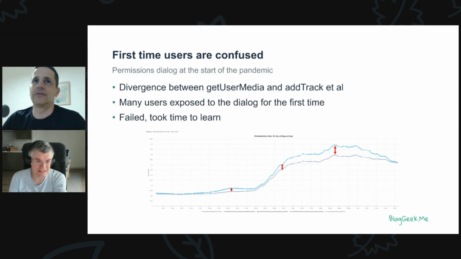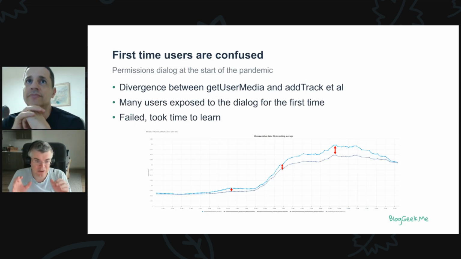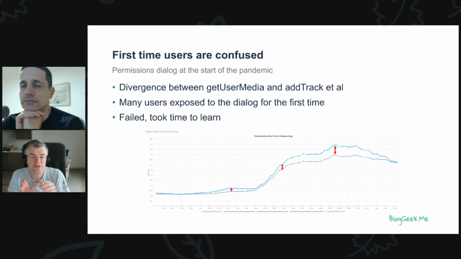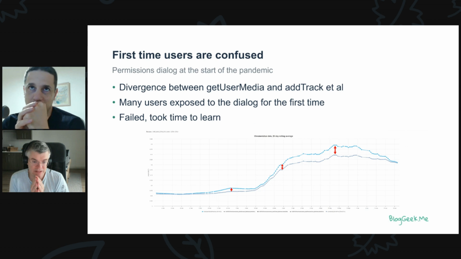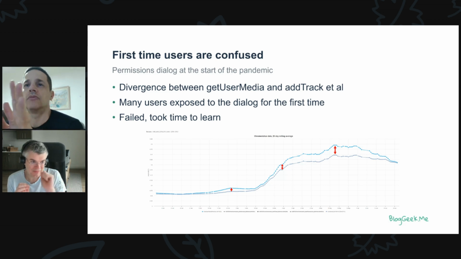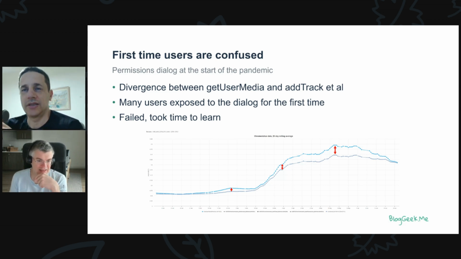And what we've seen in the pandemic was that users are confused about this dialog. We had many users who never saw that before. So we see that here in late February. What do we see in the graph? There are two lines in there.